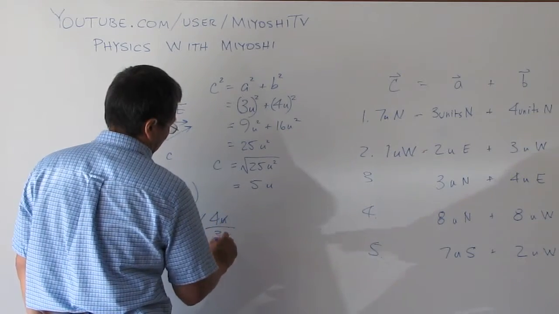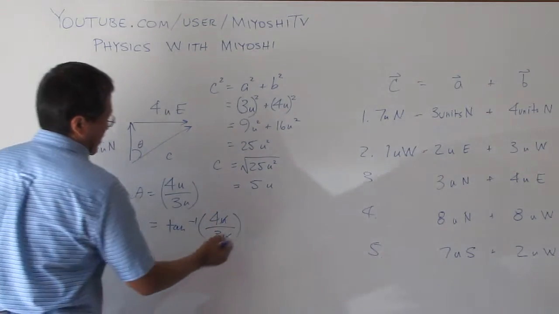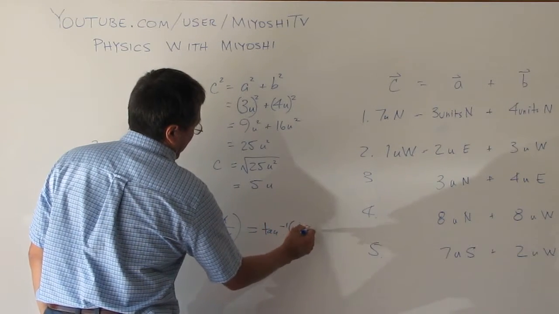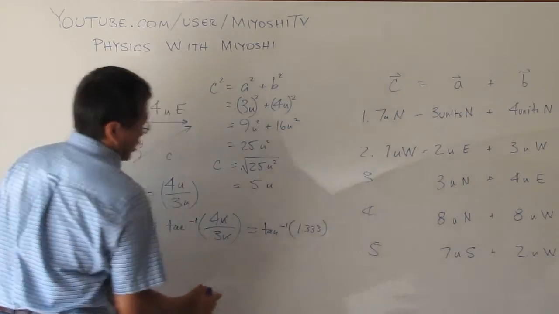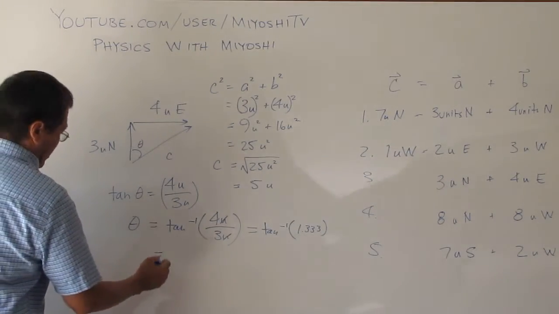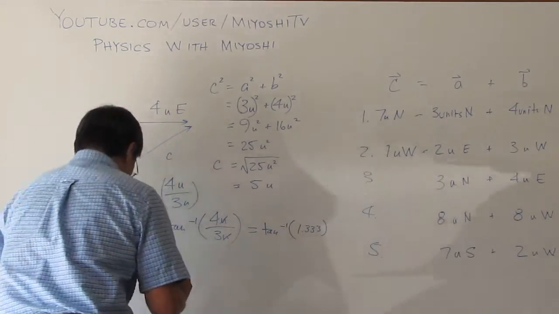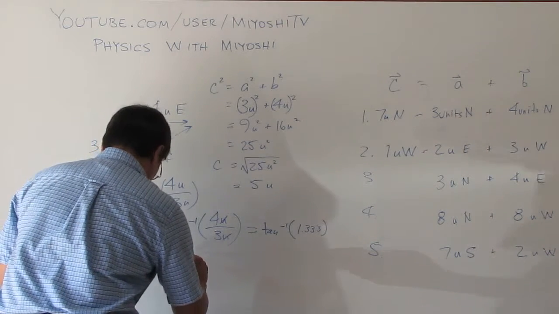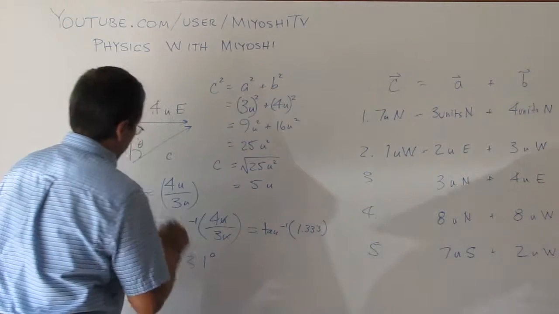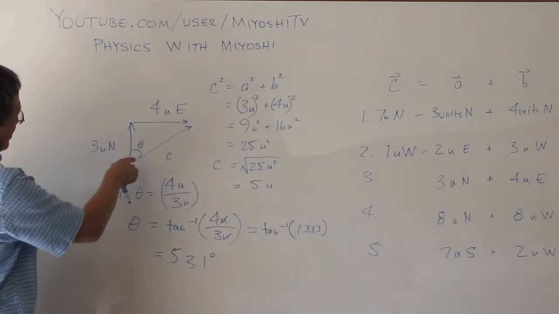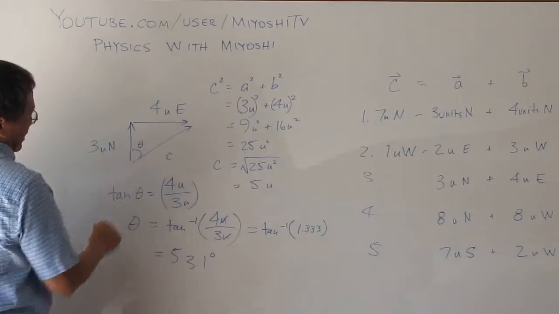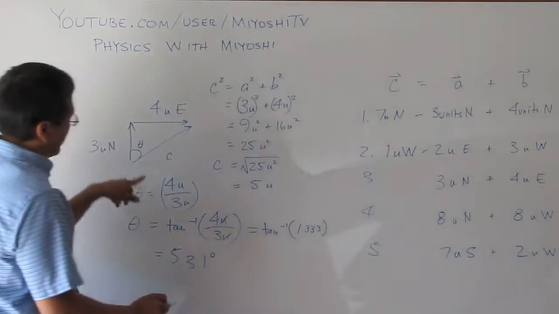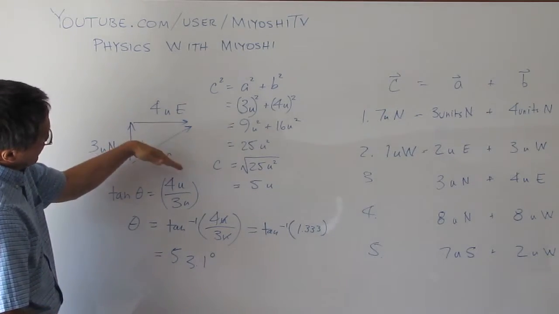The units cancel out. So that would be the arctangent of 1.3333, and that would give me 53.1 degrees. Okay, and this is 53.1 degrees. In this case, it's east of north.